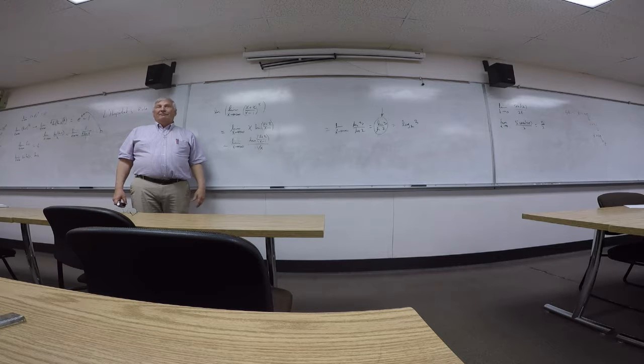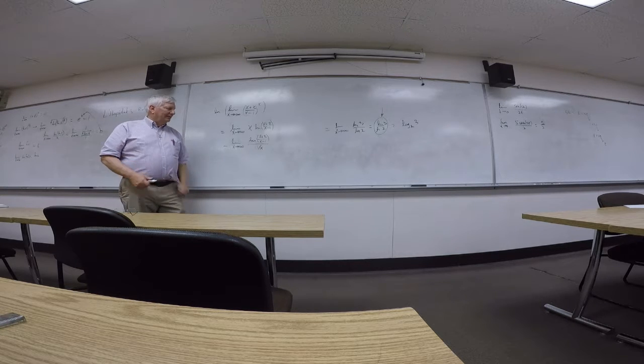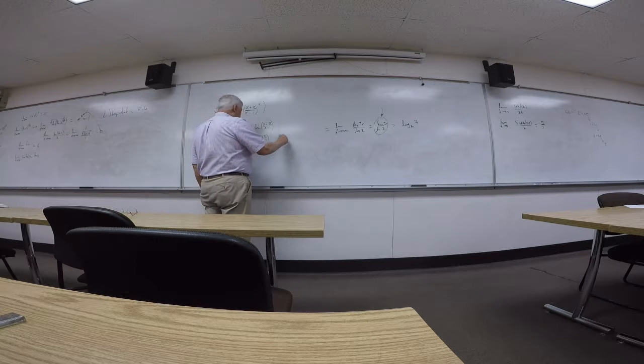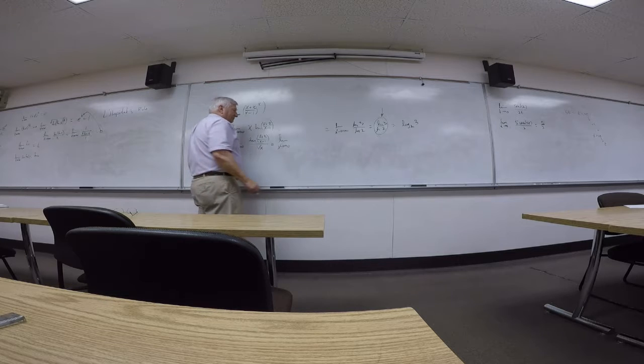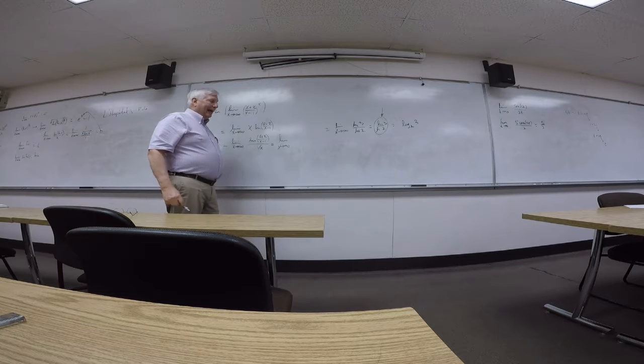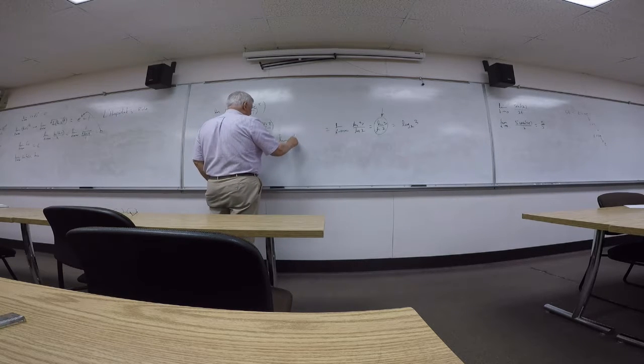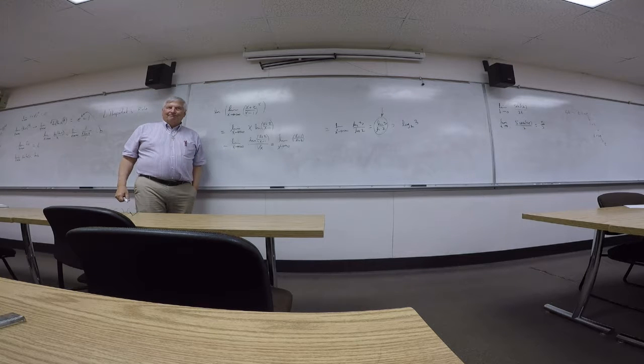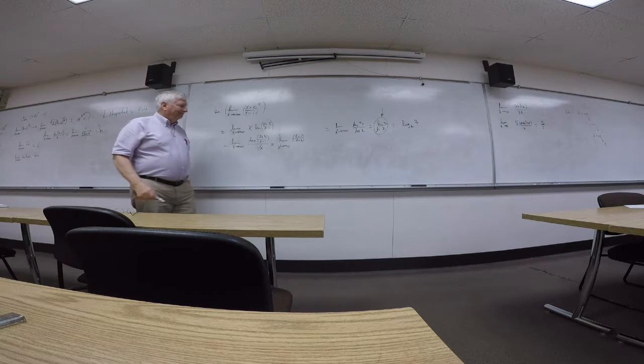I can take the derivative of both of these. The derivative of the numerator is 1 over what we had, so it'll be x minus 1 over x plus 2 times the derivative of what we had. It's a chain rule thing.